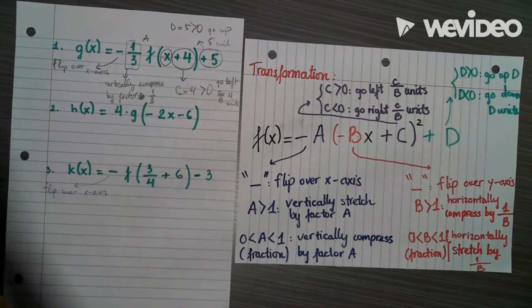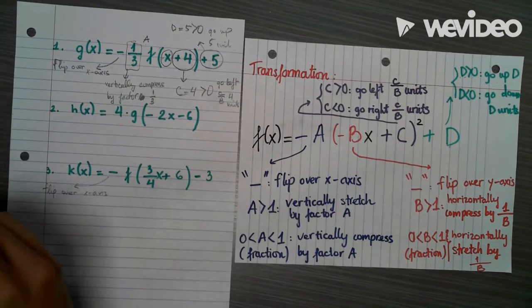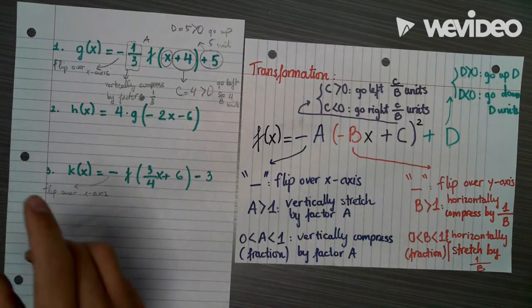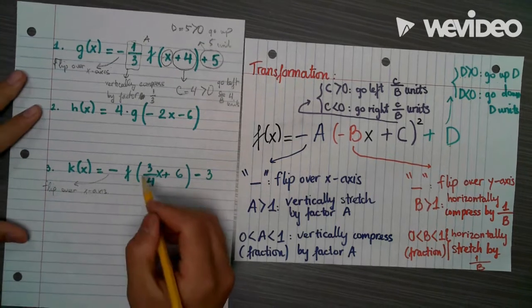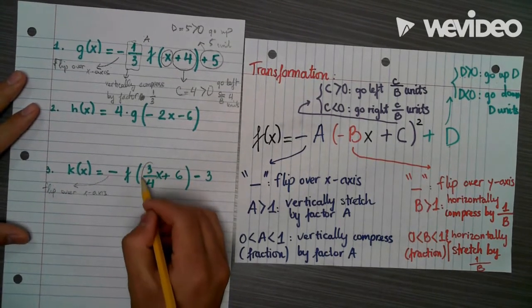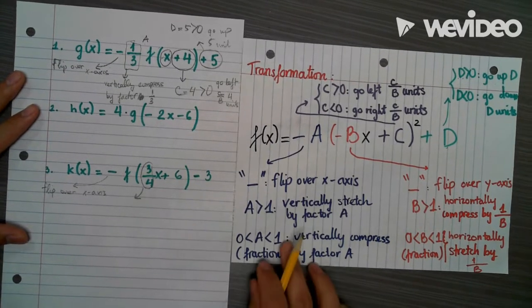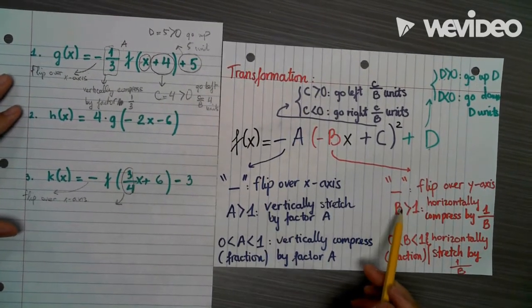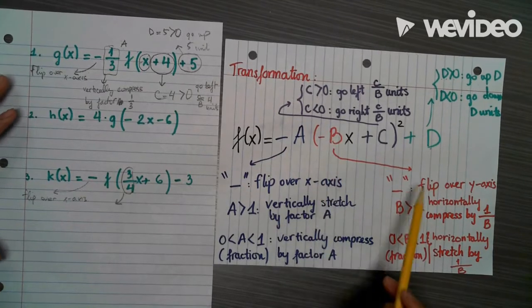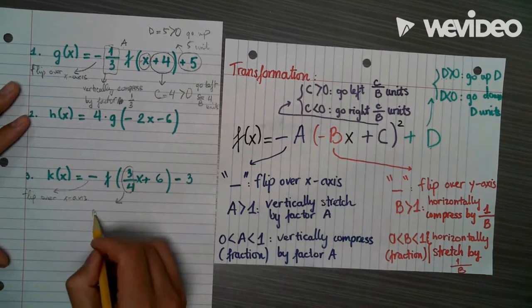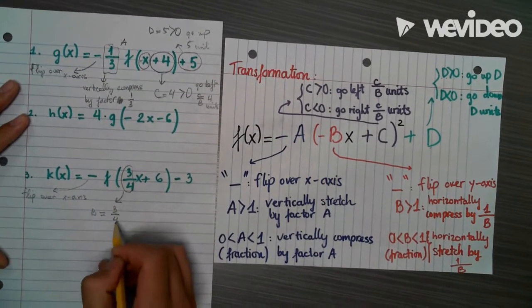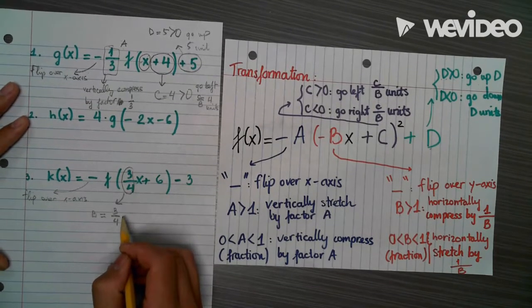Oh, I forgot the x here, sorry. Here, this one is my x, right? 3/4 is inside the parentheses. So it is inside parentheses, this would be b, right? Inside parentheses is b. My b is 3/4, and 3/4 is a fraction, correct?